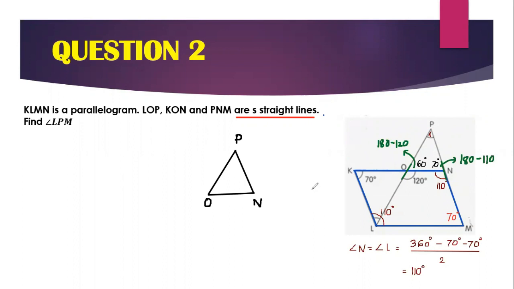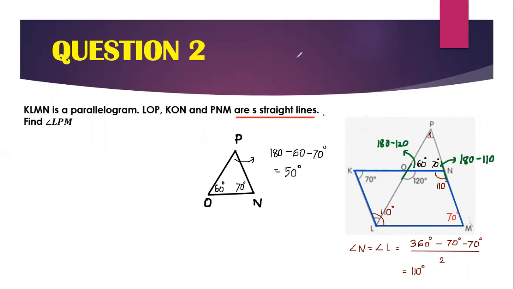So what about the angles? Here is 60 degrees, right? And here is 70 degrees, right? So here is 180 minus 60 minus 70 degrees. We got 50 degrees.